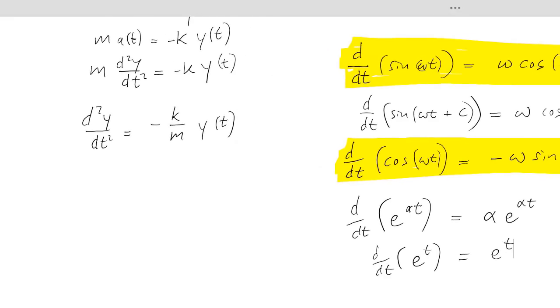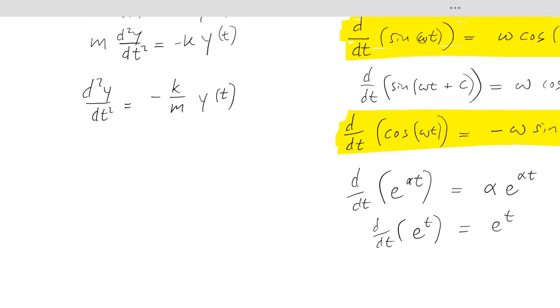So let's go back to our function. Now I need something such that if I take the derivative of it twice, I get some number in front times my original function times minus 1. Oh, and one note.